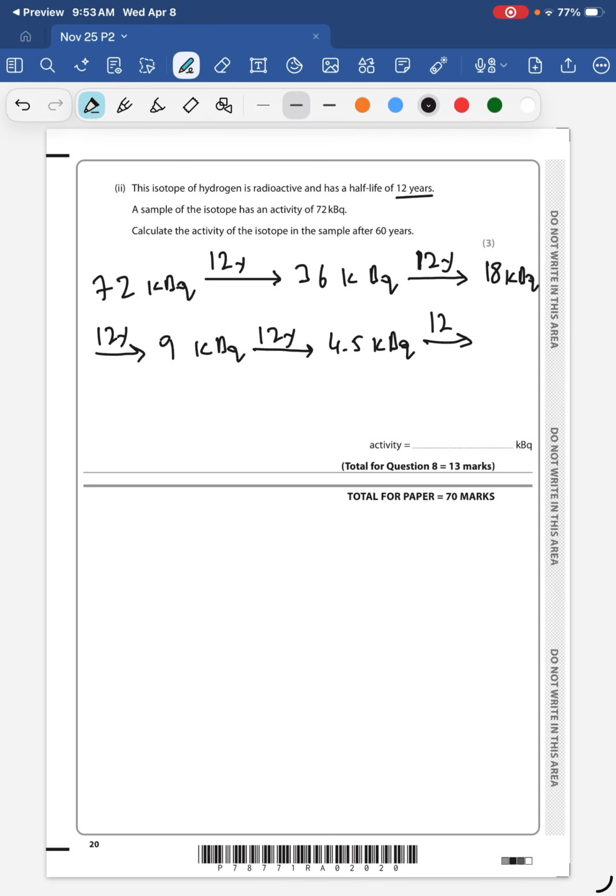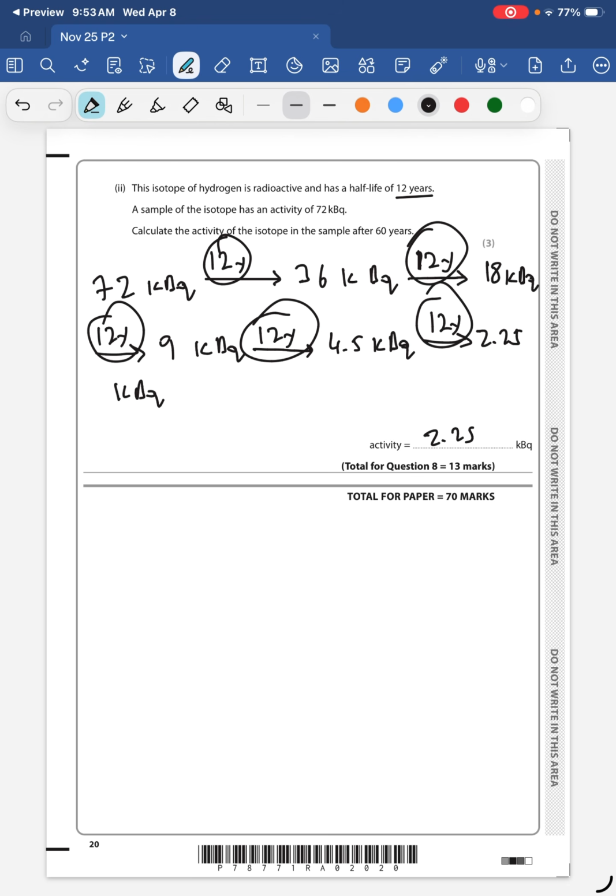And then in another 12 years, 2.25 kilobecquerels. You can see that 12 plus 12, 24, 36, 48, 60. So 2.25 is the answer.